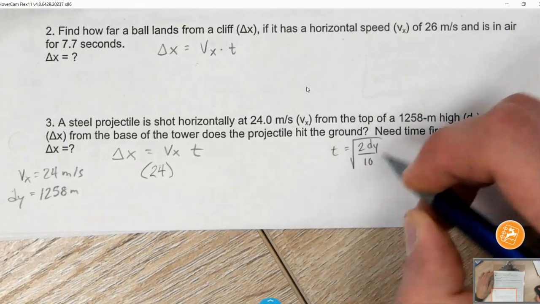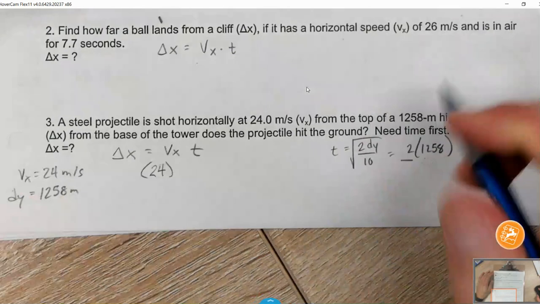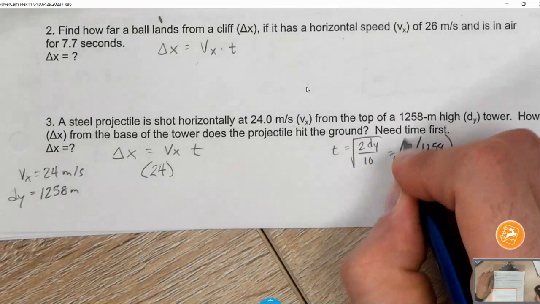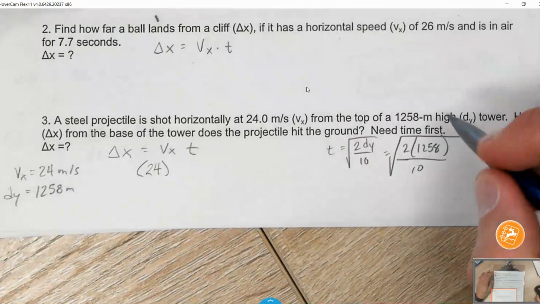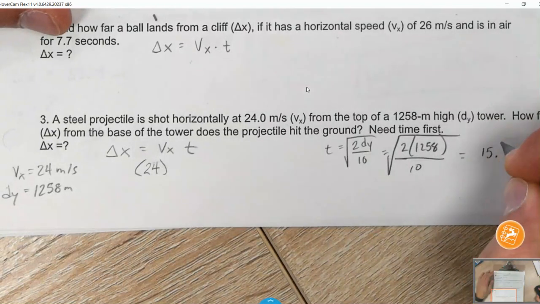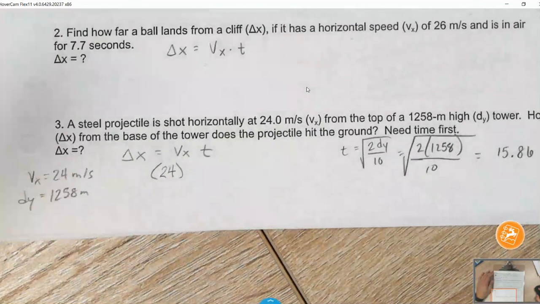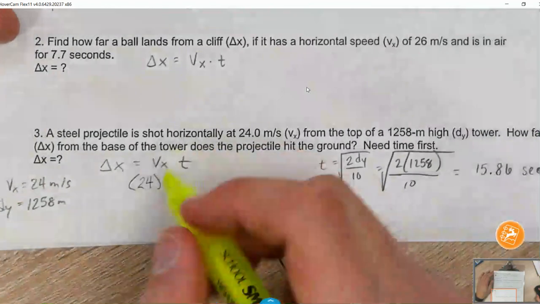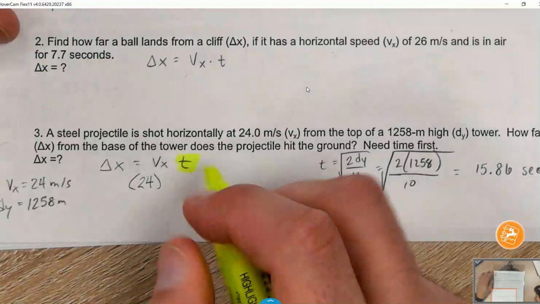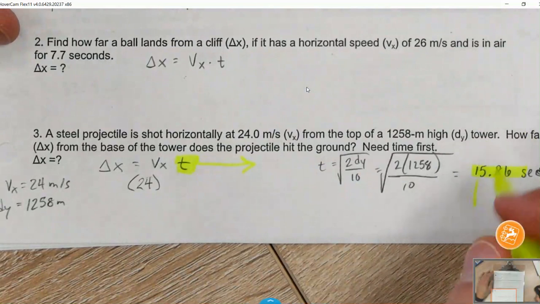The square root of 2dy over 10. And this comes out to be 15.86 seconds. Because I needed t first, once we get t, we can bring it back.